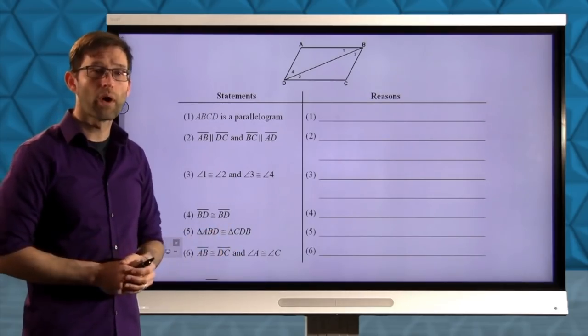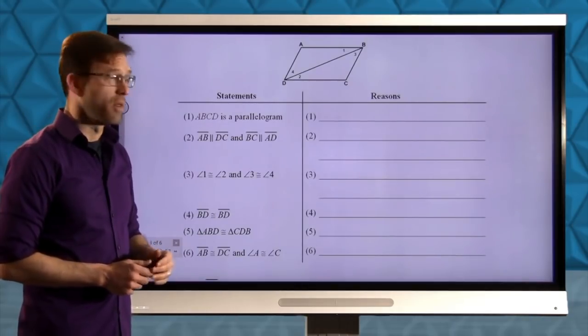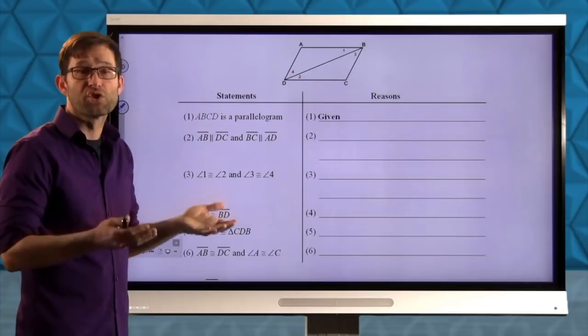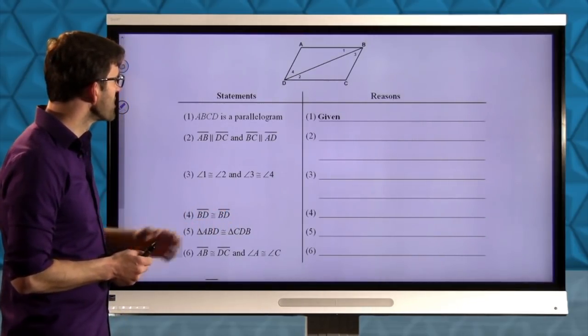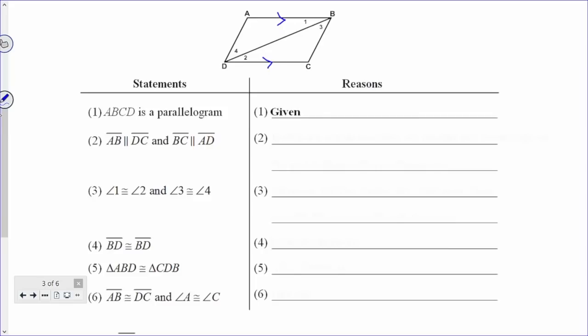All right, well, let's walk through it. The first statement I have is that ABCD is a parallelogram, and that's obviously just given to me. That's what I'm starting with, okay? Now, the second line says that AB, let me mark this up, is parallel to DC, and that BC is parallel to AD.